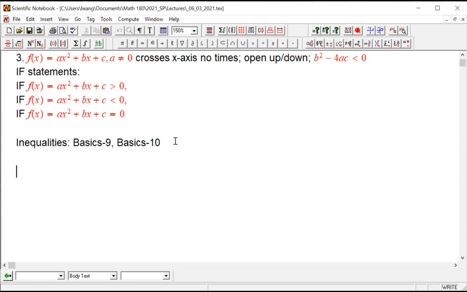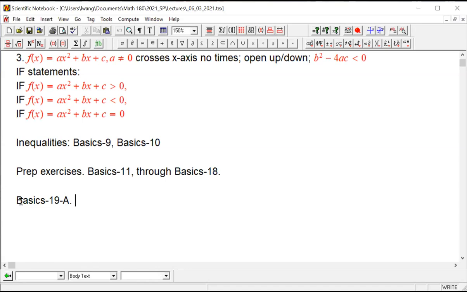So there's some prep exercise, such as basics 11 through basics 18. And another piece of important exercise is basic 19A. And of course, you expect there's basic 19B and so on and so forth.